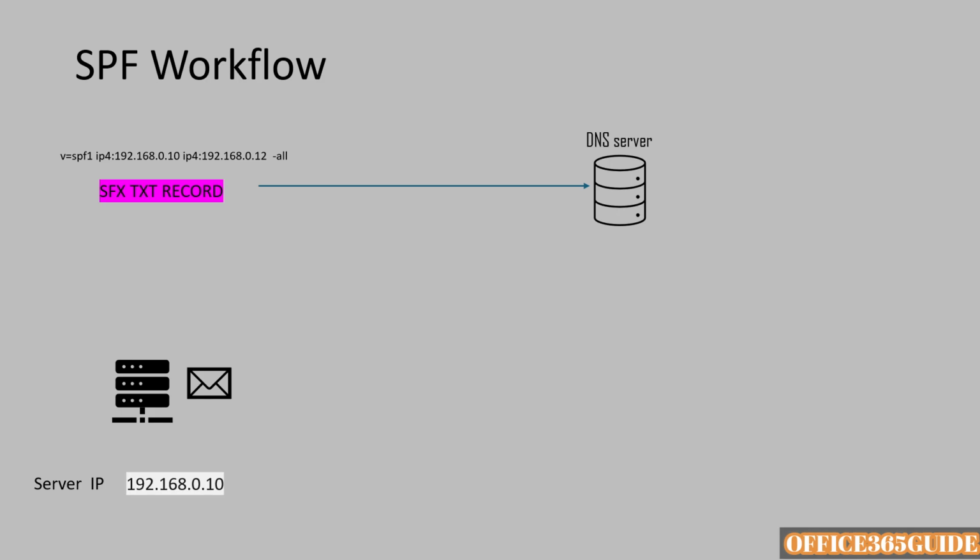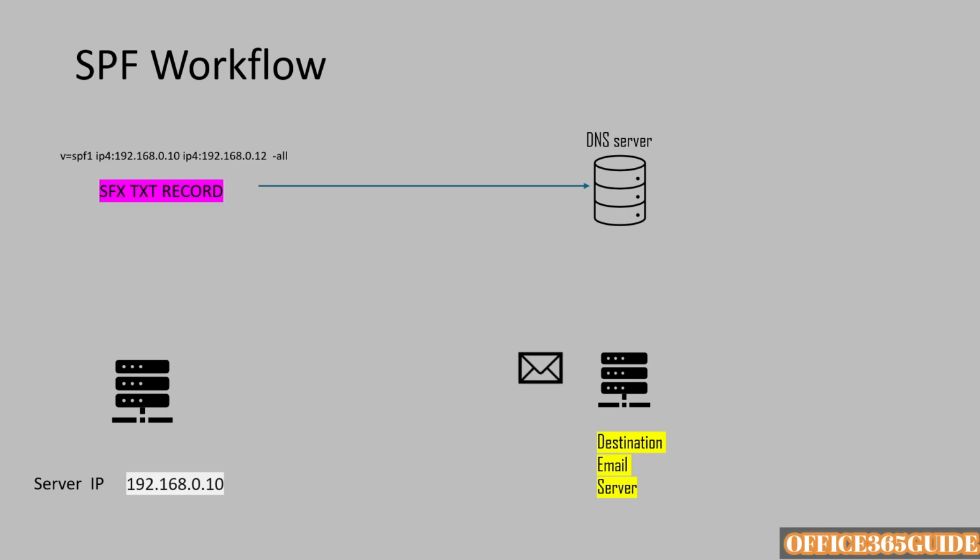Next, let's say that I have an email server which has an IP address of 192.168.0.10, and I have a destination email server or the recipient server which will receive this email. Let's say that I send this email to the destination server.